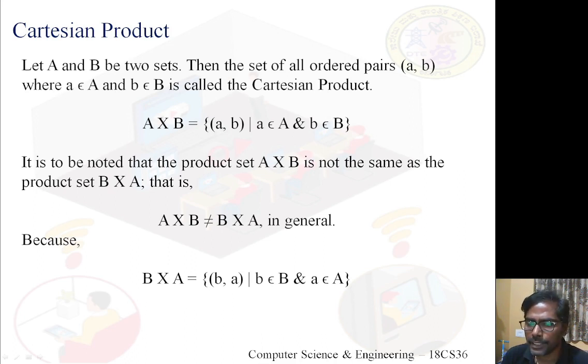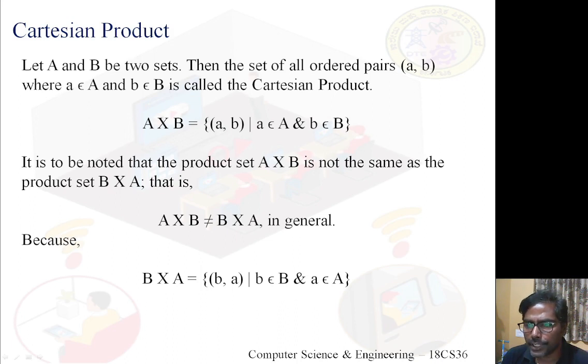I repeat, the cross product of any two sets is nothing but a set. But in this set, the elements are ordered pairs. I mean to say, all elements appear in the form of an ordered pair, say a comma b, where the element a belongs to set A and element b belongs to set B.